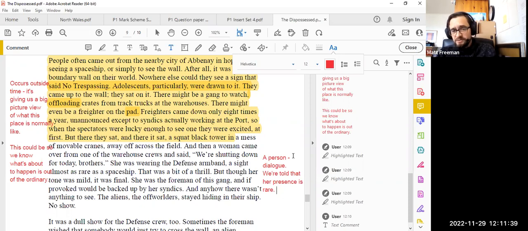The spaceship tells us roughly that it's potentially set sometime in the future, potentially even on a different planet. The dialogue as well, where she says, we're shutting down for today, brothers. You could go into that a bit, although this borders on language analysis. But for someone who is apparently occupying an official position, she doesn't sound official. So we can already get quite a lot out of this.